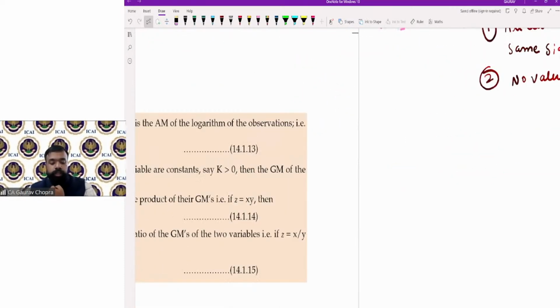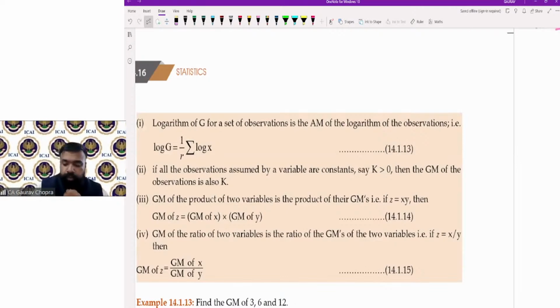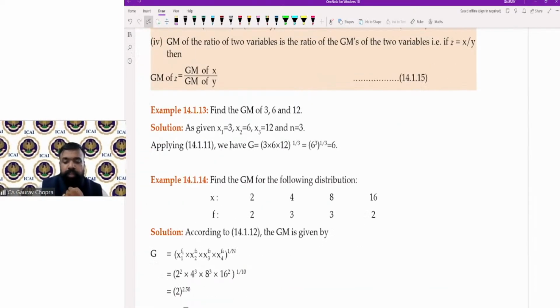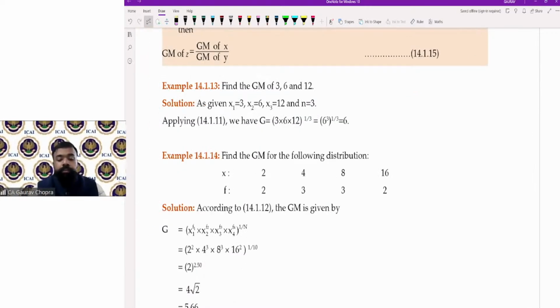So this is the property we have done. Now example number 13. Find the geometric mean of 3, 6, and 12. Multiply all of them and find out the cubic root.